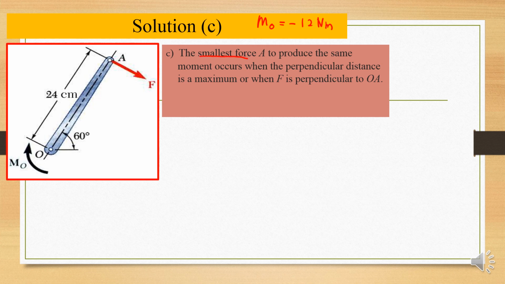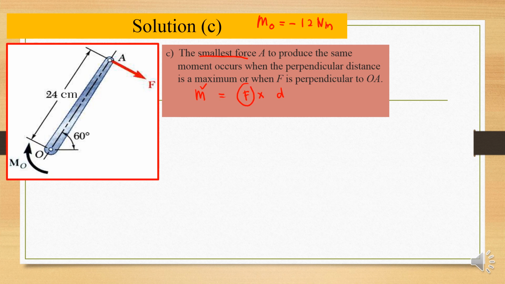We know that M equals F times perpendicular distance, and M now is fixed. The values that we can play around with are only F and D. So how can we make sure the F here will be the minimum value?